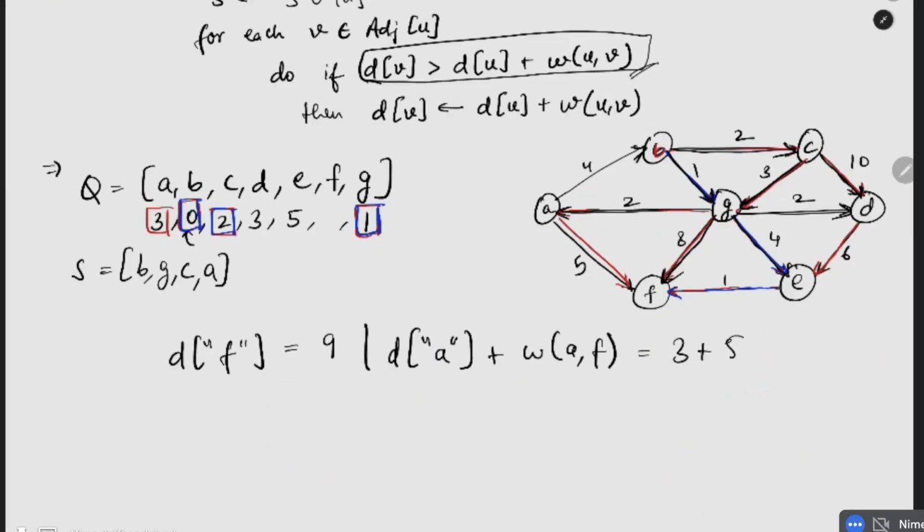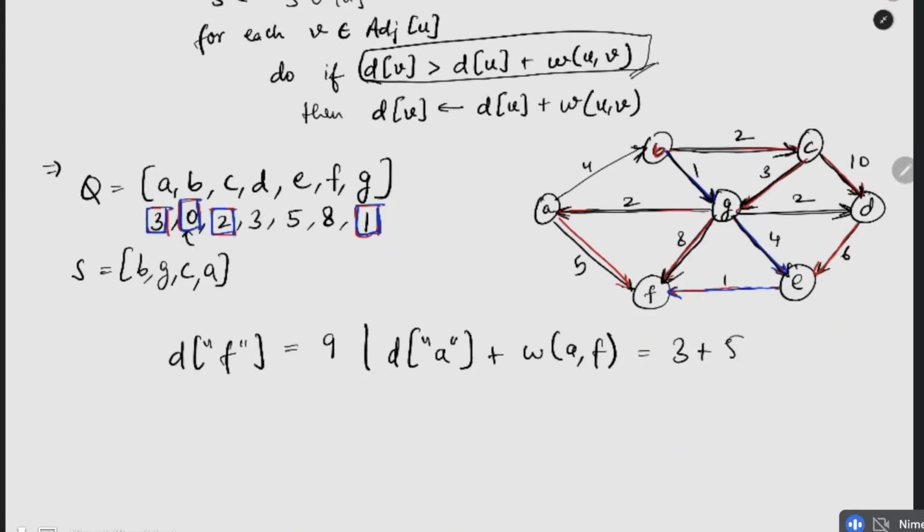So we have found a path that can make us reach F in a lesser distance, right? But it is again not optimal because it is not converged. Okay, so we have updated for F and we mark A as visited, right?